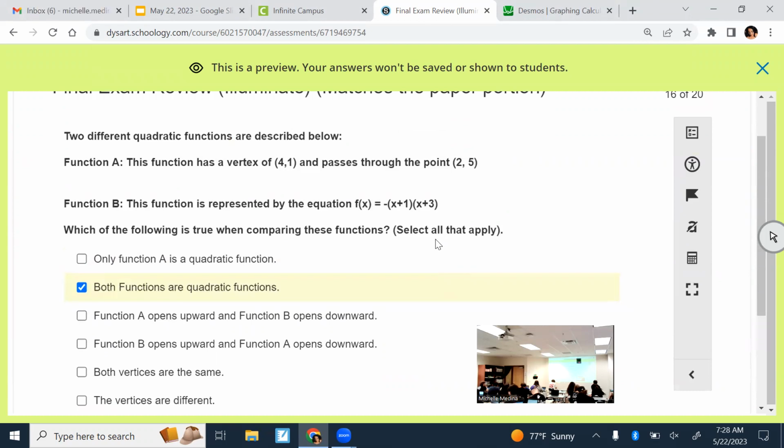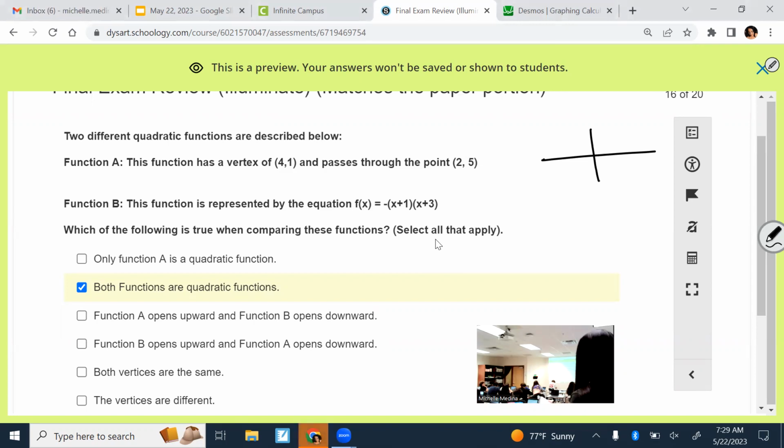So let's see. If function A has a vertex of (4, 1) and goes through that point, that doesn't really give me enough information to know if it opens up or down. Well, let me think actually. Let me try plotting it on a coordinate plane and see.